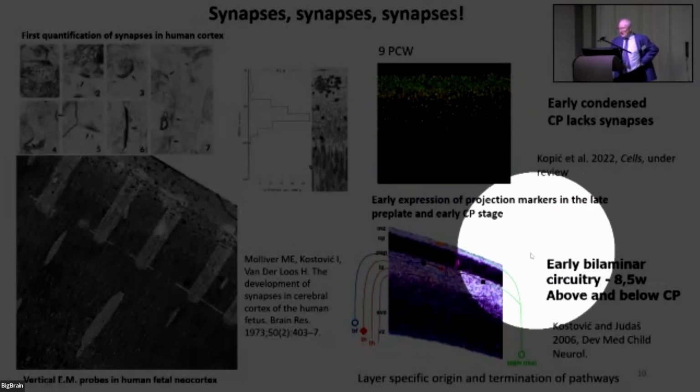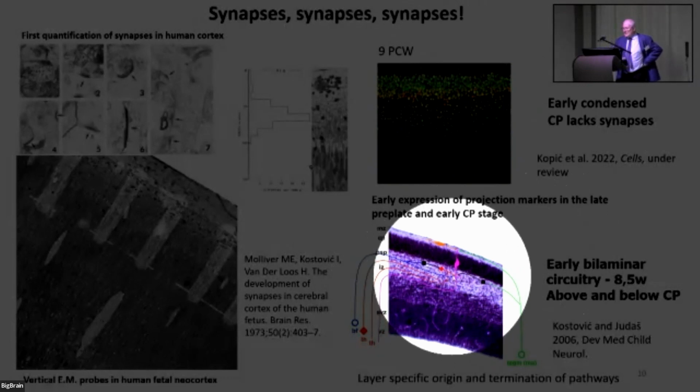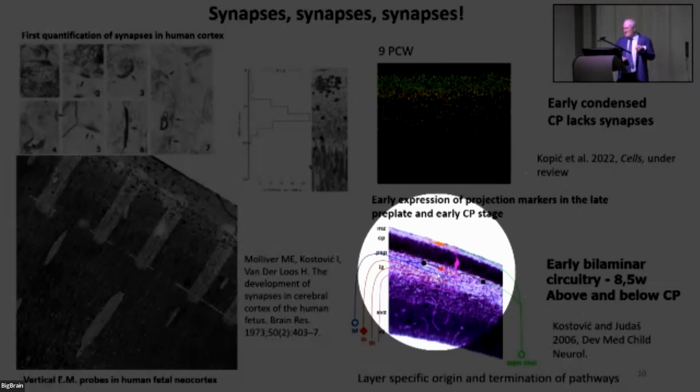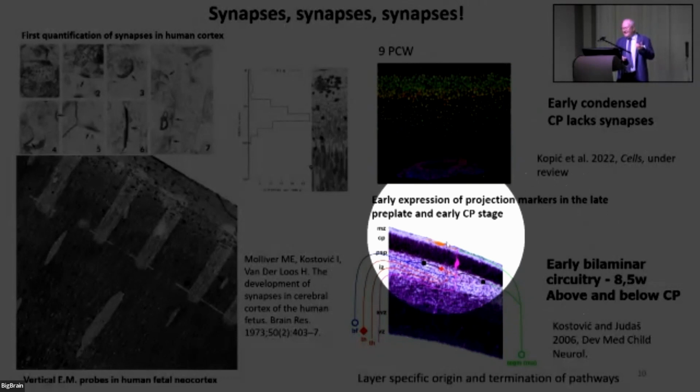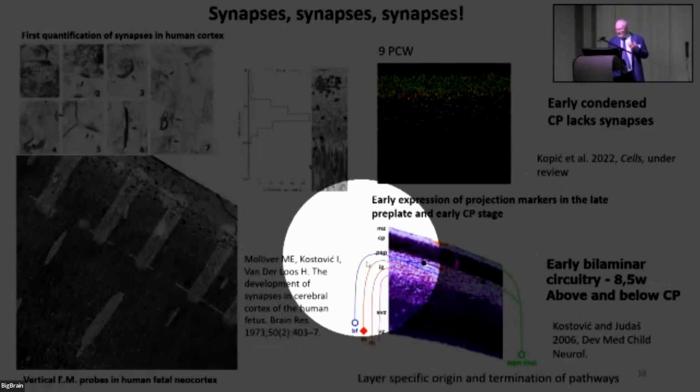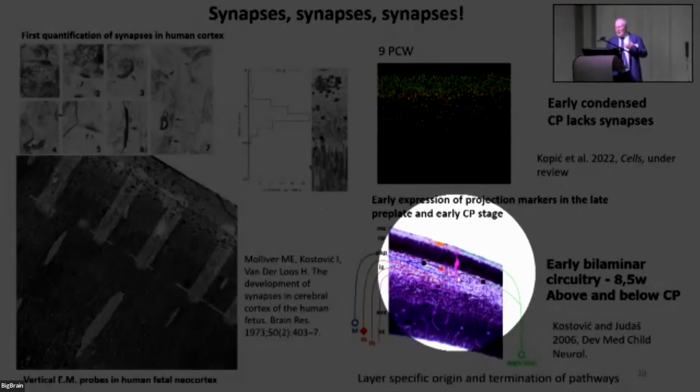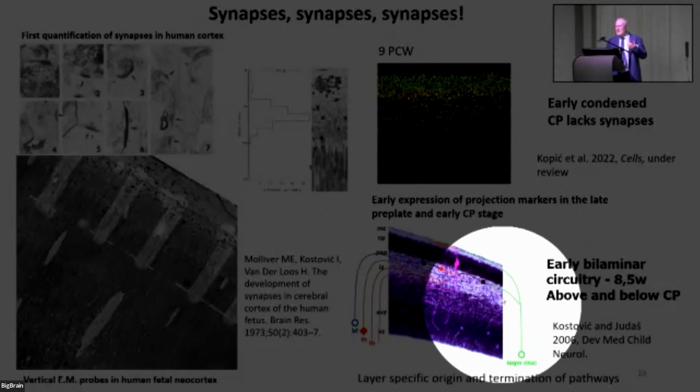And this is the earliest circuitry. You know, it's amazing that, like in adult, these afferents and efferents originate and terminate in layers. This time in transient layers.